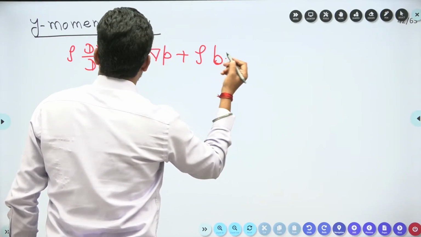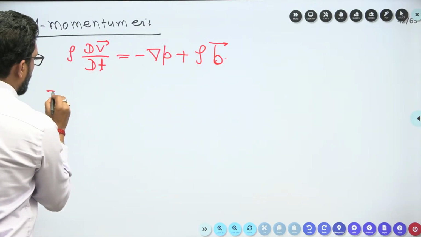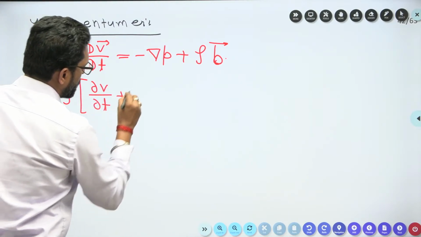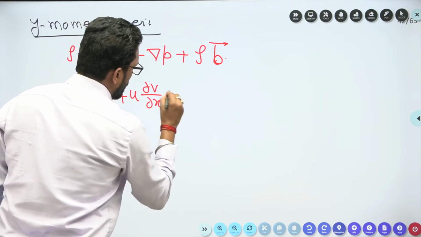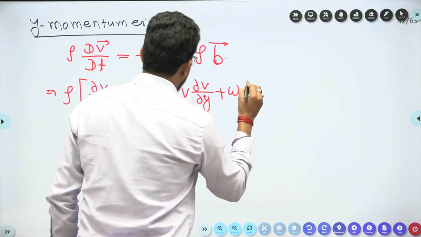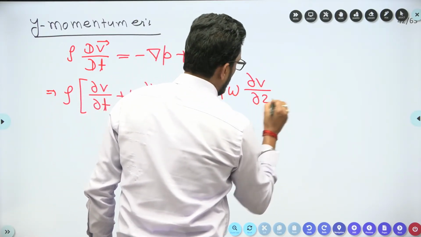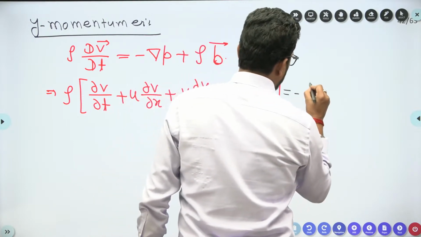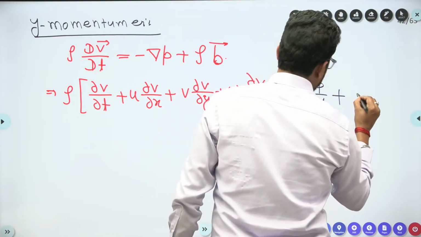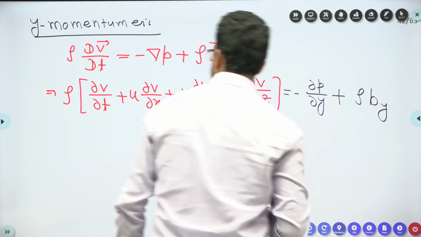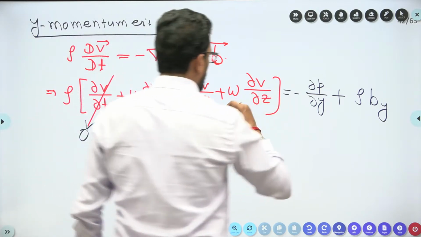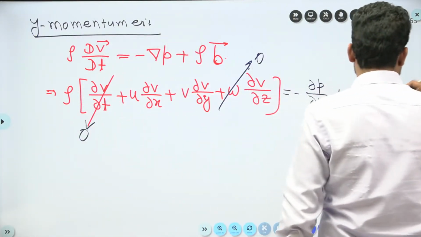Now we write the acceleration: ∂v/∂t plus u ∂v/∂x plus v ∂v/∂y plus omega ∂v/∂z is equal to minus ∂p/∂y plus density times body force along y. This is 0, steady, this is 0, two-dimensional, this is 0, no body force.